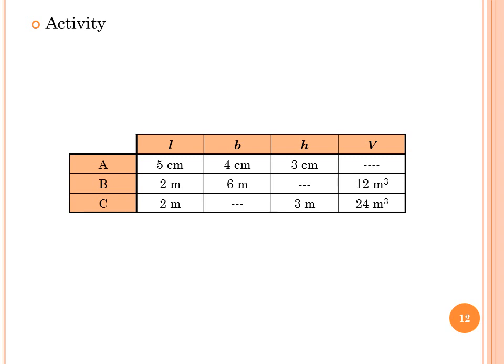The volume you have to find. In container B, length is given, breadth is given, the volume is given, height you have to find. In container C, length is given, height is given and the volume is given. You have to find the breadth.